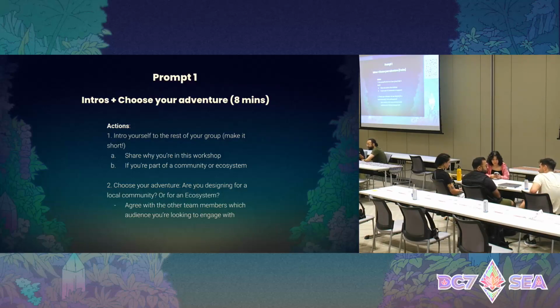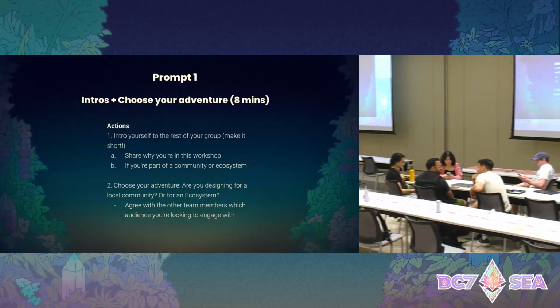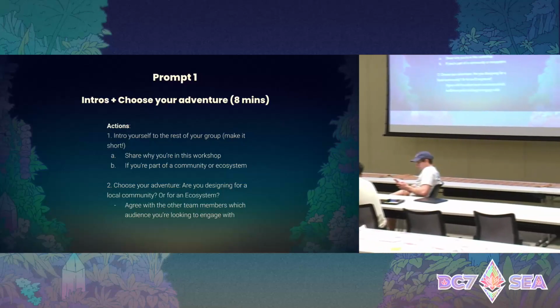And time is up. So I hope you've written down, either on one of the post-it notes or somewhere else, the adventure that you're going to follow, whether you're designing this RetroRound for a local community, or thinking of it as a Web3 ecosystem, or Ethereum as a whole, or DevCon.